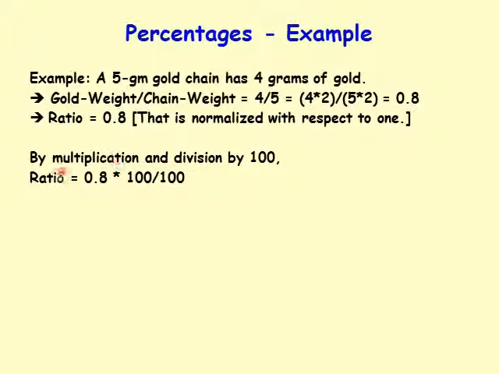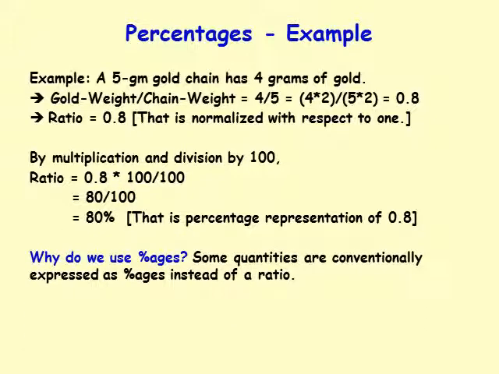We just did a multiplication and division by 100, so that is equal to 80 divided by 100. A percentage has an implied denominator of 100. If I don't write that denominator, I can place the percent symbol: 80%. So 80% is the percentage representation of 0.8.